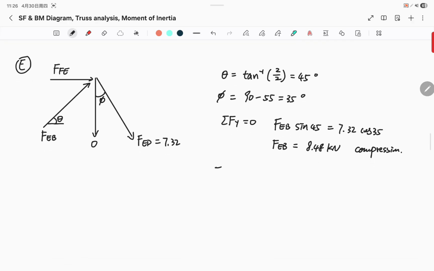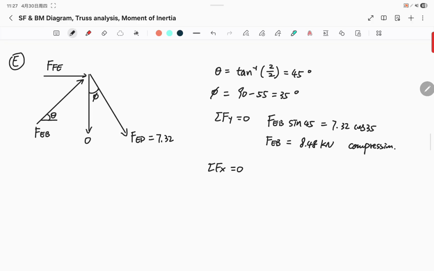Now we can solve F of x. We didn't include this force because we know it's 0. We can technically remove it, but I drew it here so that I can draw this angle phi. In the x direction, we have Fe.